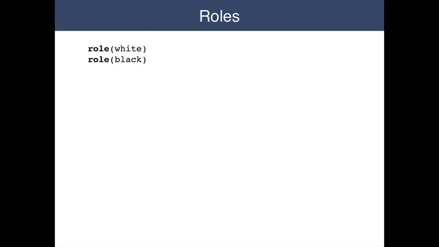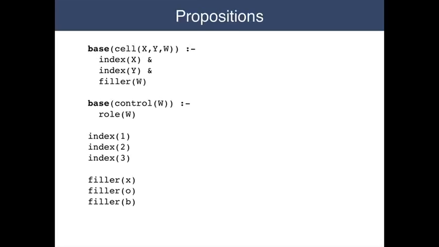We first identify the two roles in the game, namely white and black, using the role relation. Next, we define the propositions in the game. Since there are only 29 propositions, we could do this by writing out 29 ground atoms. However, we can do this more economically by writing just 2 rules, as shown here, together with some ground atoms.